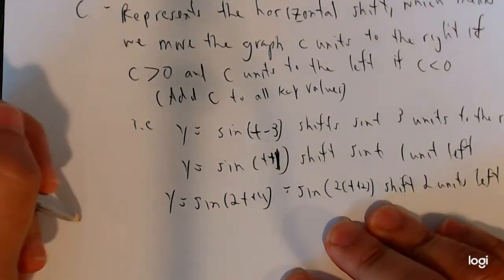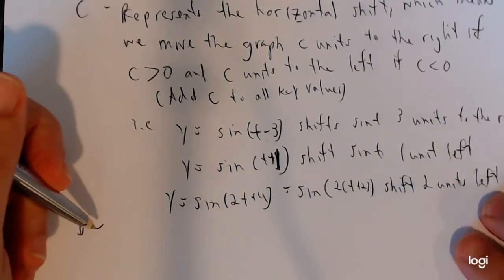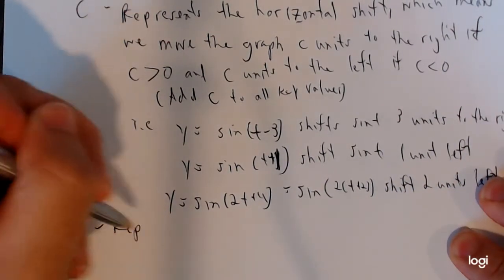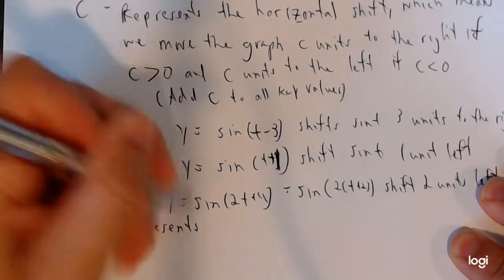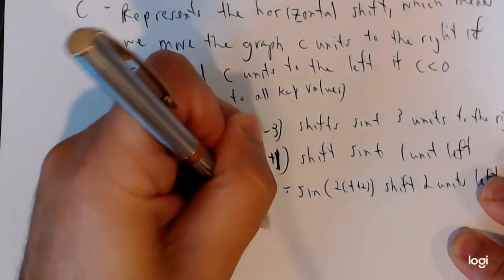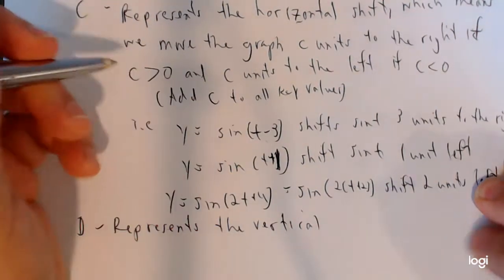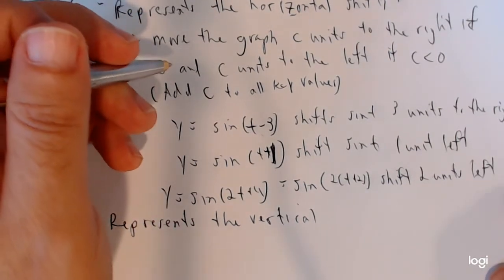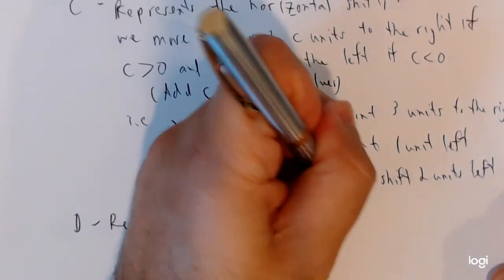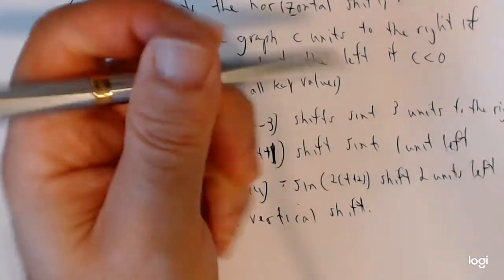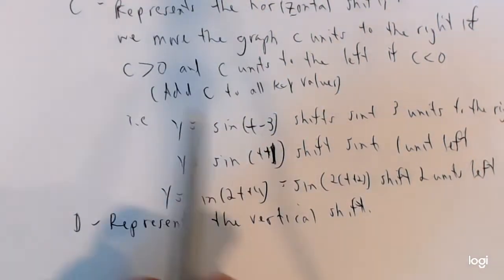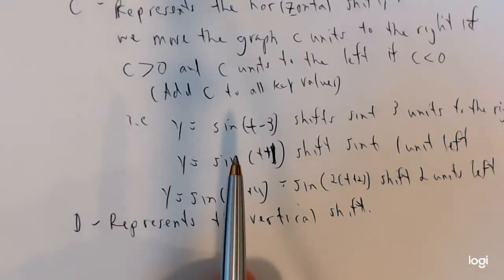For the D, we're going to say this represents the vertical shift. Now for this one, it's not like the opposite of left and right. We just take it at face value.